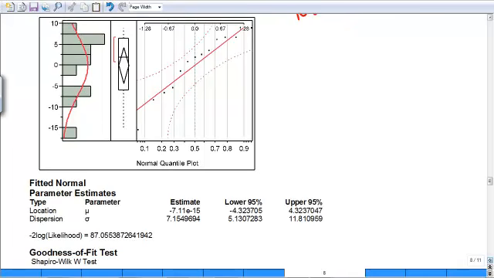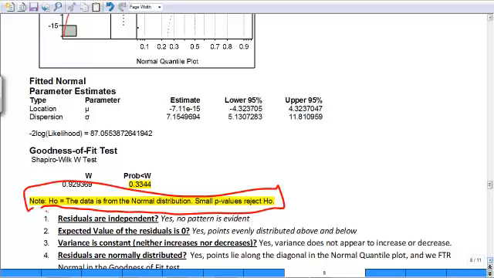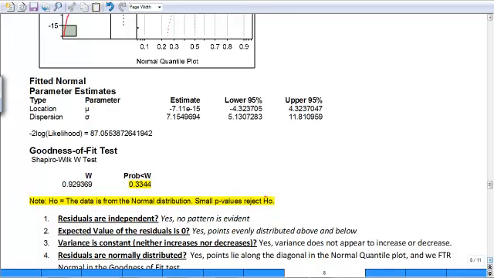When we take a look at the goodness of fit test down here, goodness of fit test, normal, null hypothesis is a normal distribution. We've got a large p-value, 0.33. That is not sufficient to reject the null hypothesis. When you take a look at this goodness of fit test, I want you to read the null hypothesis. This will be the same on every goodness of fit test. It reminds you, how do you interpret this?